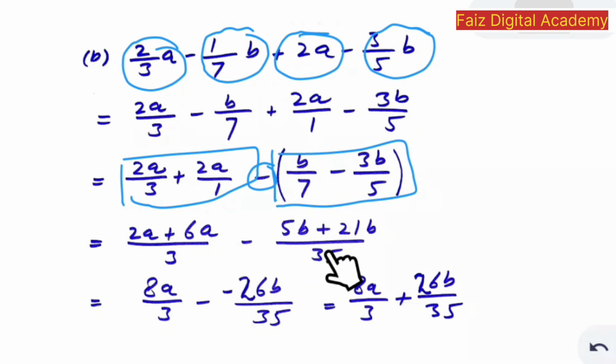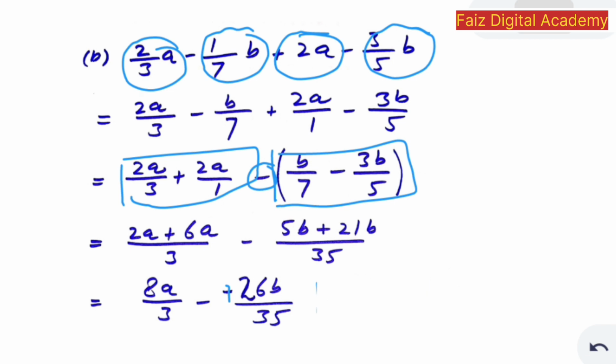Similarly on the other side we solve the same thing, but what has changed is this negative sign multiplied by this negative, so negative times negative is plus. So this is the change, and then we add 6a plus 2a, we get 8a, and here we get 21 plus 5, 26b, and because both of them were positive, we write it as positive 26.